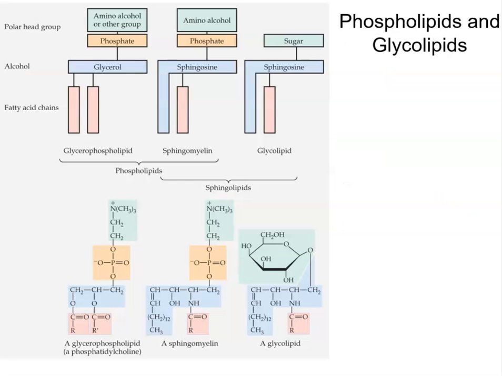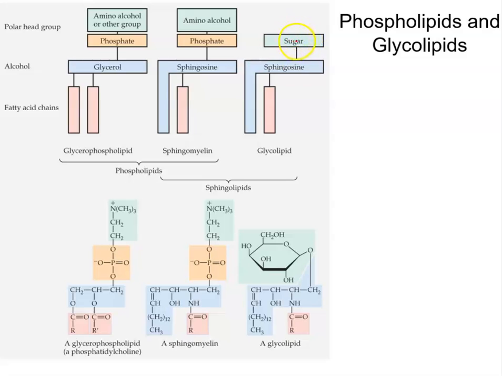I also want to briefly give you an overview of phospholipids and glycolipids, which are found in our cell membranes. If you have a glycolipid, we have similar backbones, right? Glycerol, but then with different types we'll have sphingosine, which looks a little different, similar to glycerol, but with fatty chains coming off of it.